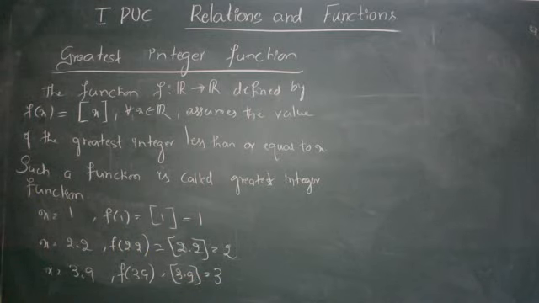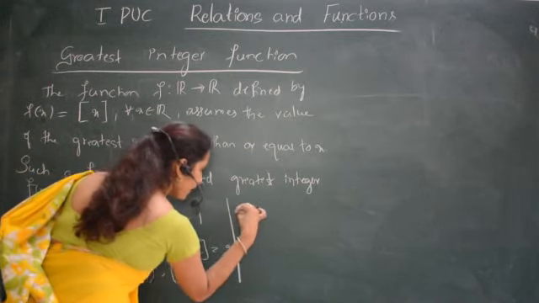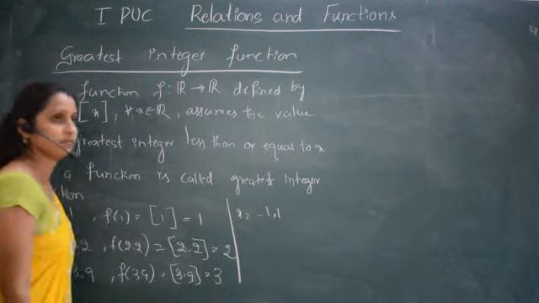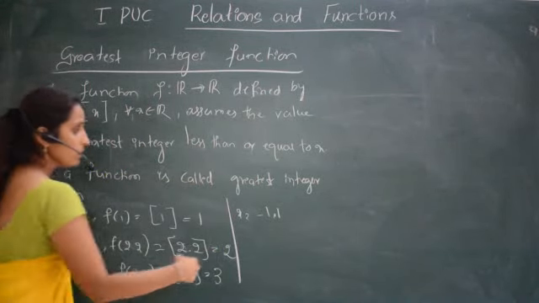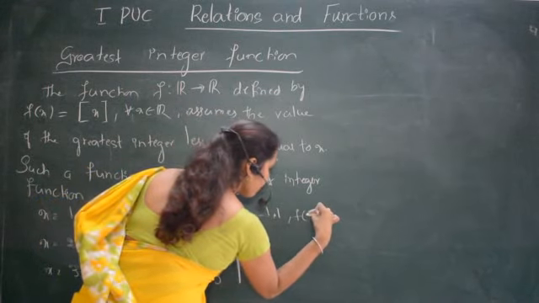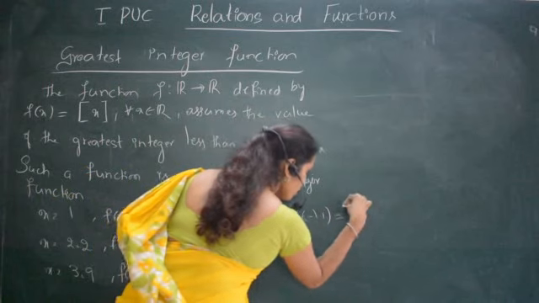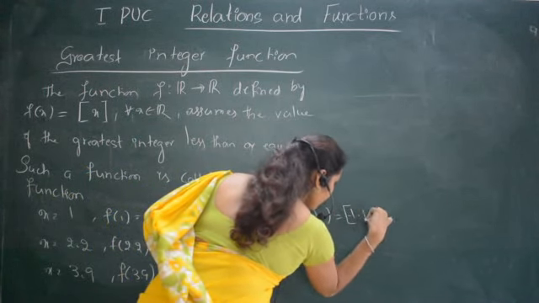Next, if I take x equal to minus 1.1, f of minus 1.1 will be [minus 1.1].